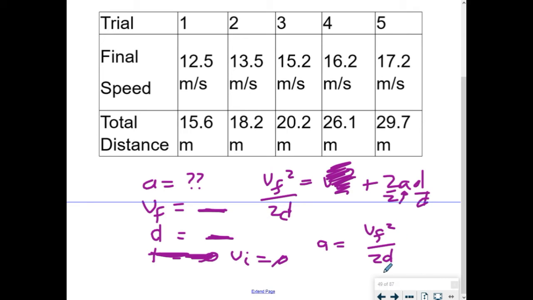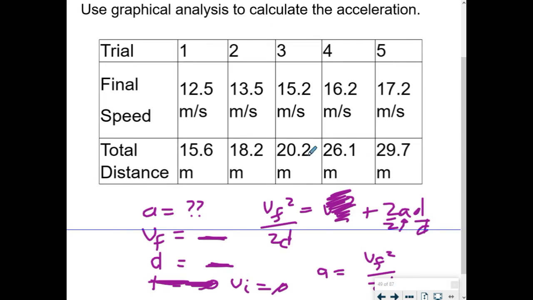Well, you could then solve for acceleration a few different ways. Option 1, you could take this velocity final, square it, divide by double the distance, and that would give you acceleration in one case. You could then do it again and again. Can you see why I think it's better for you to do your algebra first?